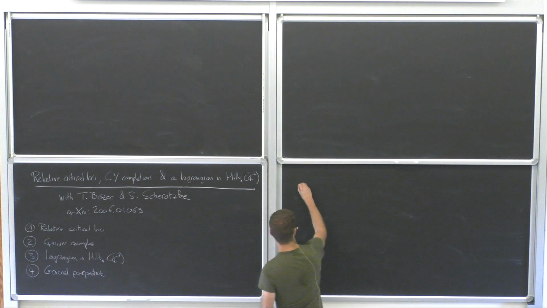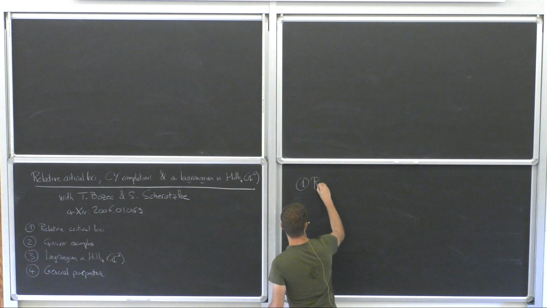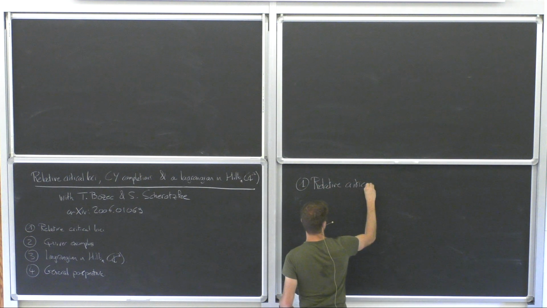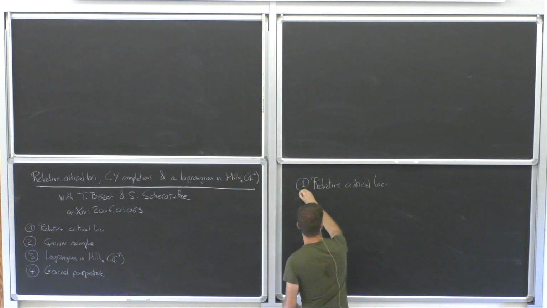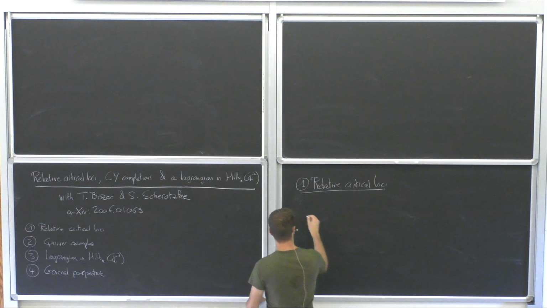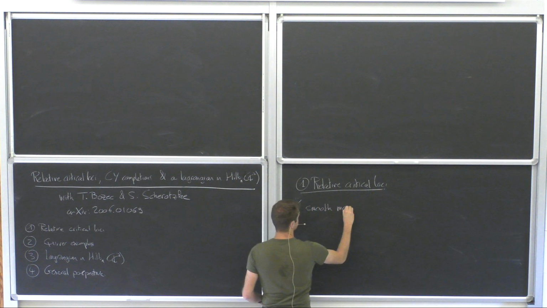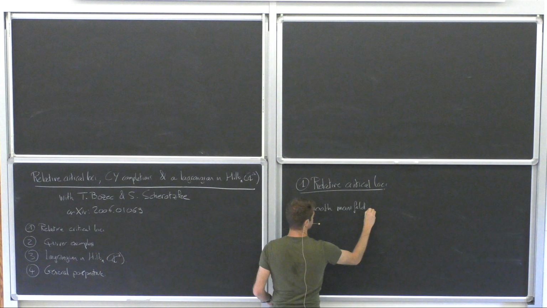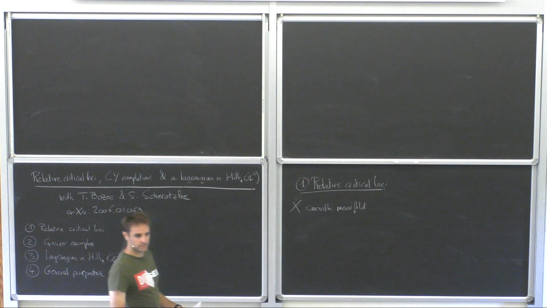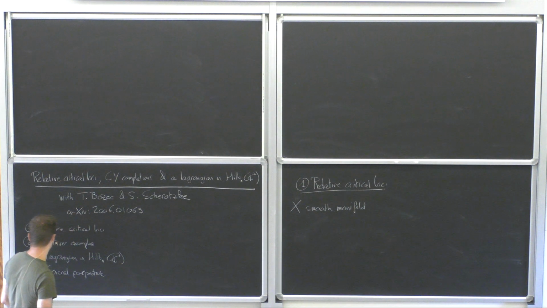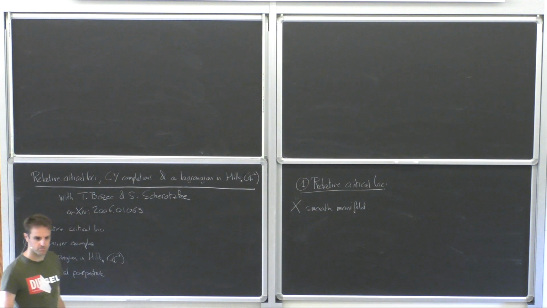So let me start with relative or constrained critical loci. Here's the setup. X is a smooth manifold. I'll phrase things in the first part in differential geometric terms. In the second part, I'll move toward algebraic geometry.